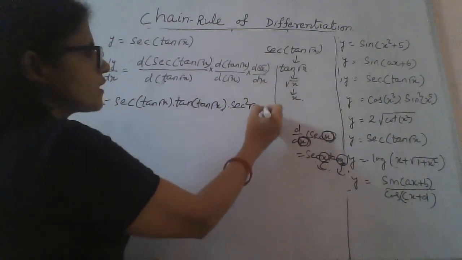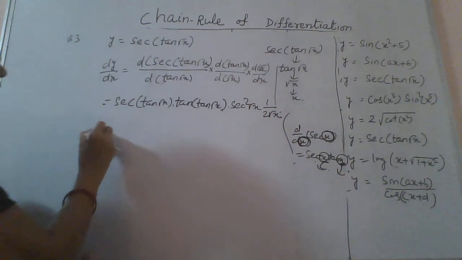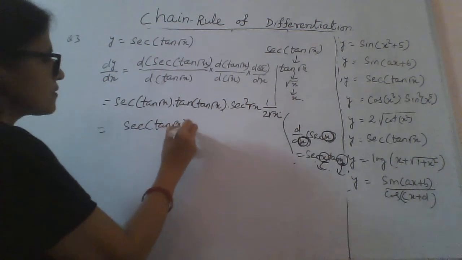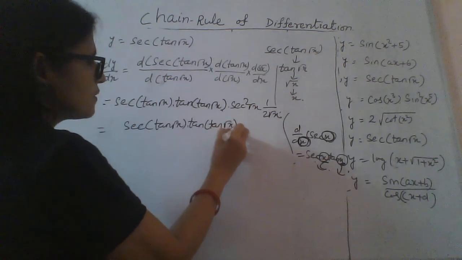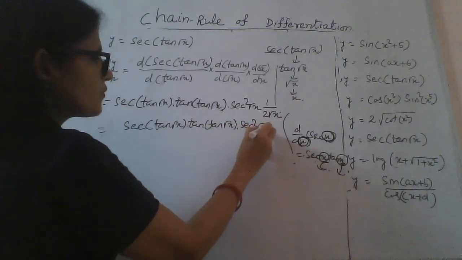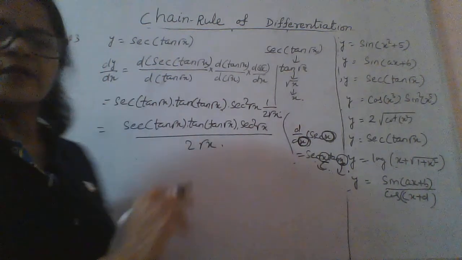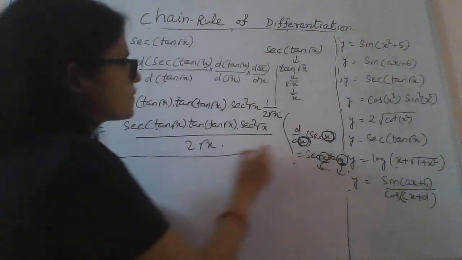Now root x with respect to x is 1 by 2 root x. So here you are getting sec(tan root x) into tan(tan root x) into secant square root x, divided by 2 root x. Okay, so that is the answer. Clear? Now one more question.